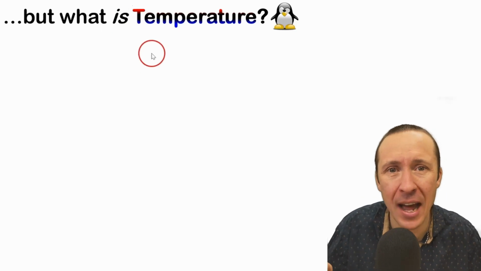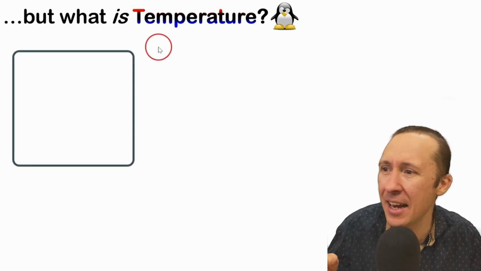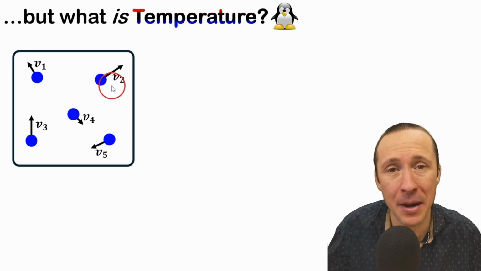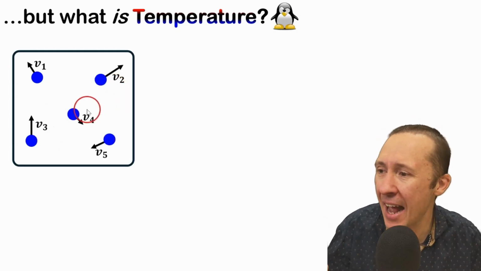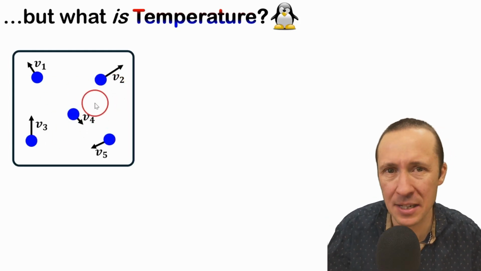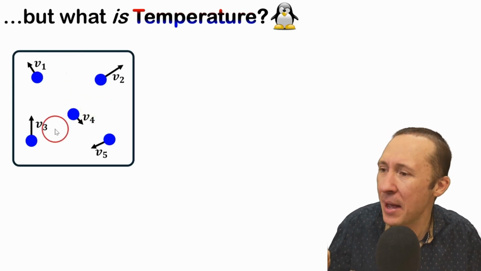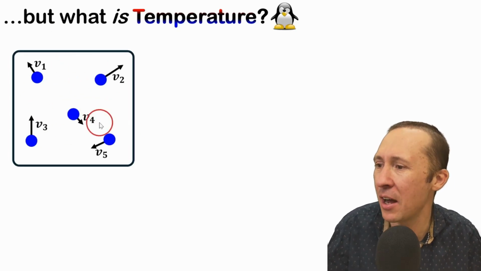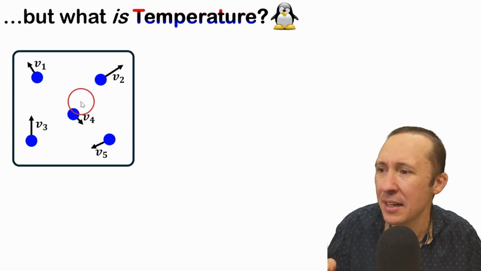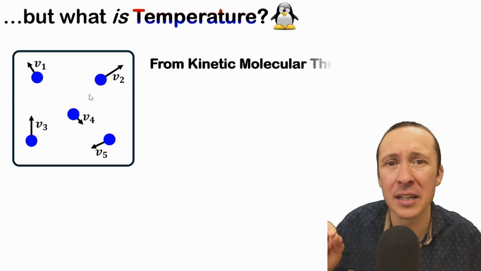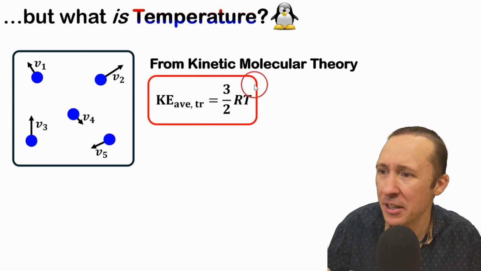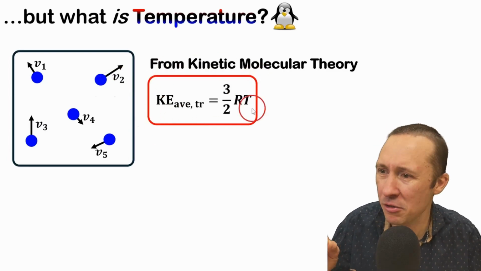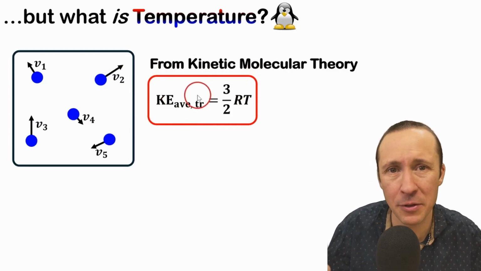Now we've described temperature, we've set up a temperature scale, but we never really said what temperature is, right? And to do that, we've got to go deep inside and look at what's going on at the microscopic level. And I'm going to use a gas as an example. It could be any substance, but it's easy with the gas. And imagine we have these particles bouncing around and they're all moving with their own speed. And from something called kinetic molecular theory, there's this equation that pops out, and I've derived this in videos. You can check those out if you want to see them.